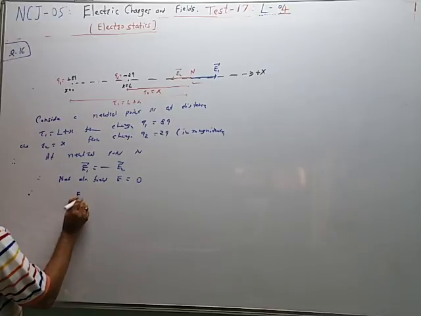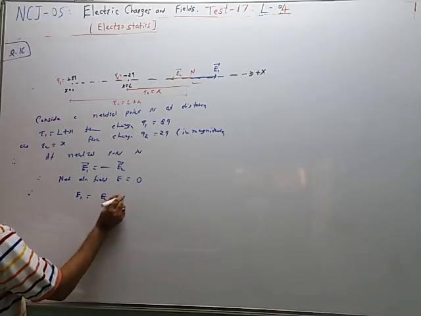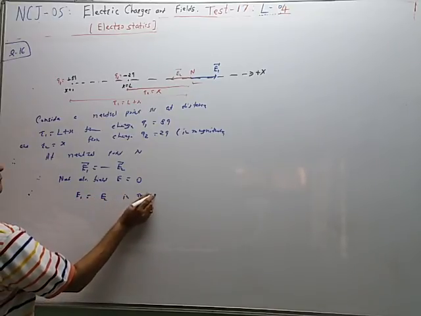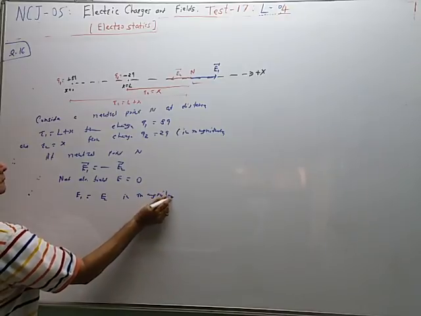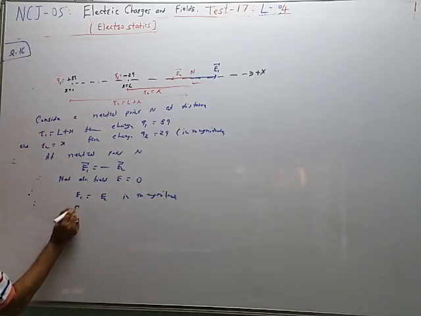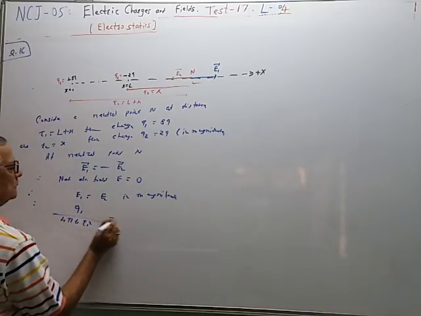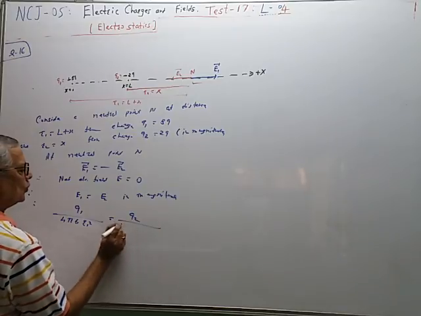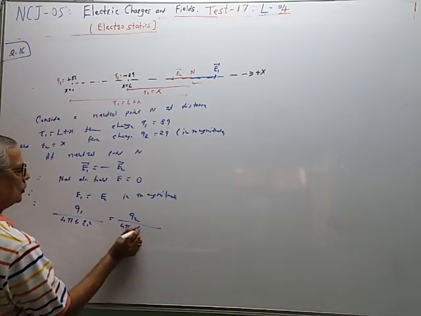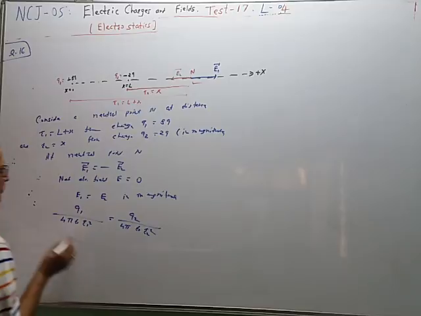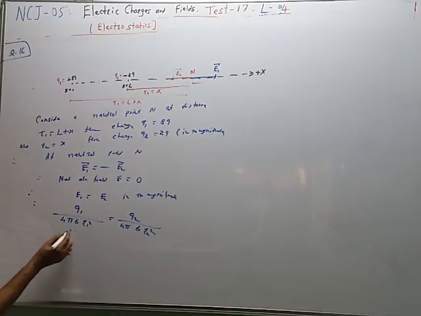Therefore, E1 is equal to E2 in magnitude. Therefore, now use the formula Q1 upon 4 pi epsilon naught R1 square, Q2 upon 4 pi epsilon naught R2 square. So 4 pi epsilon naught get cancelled.